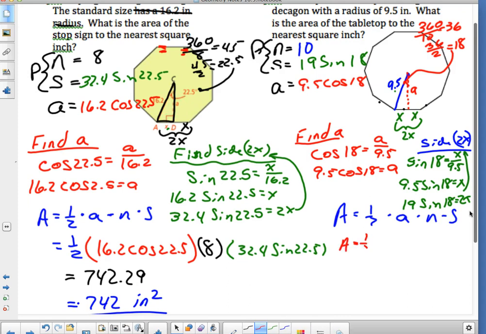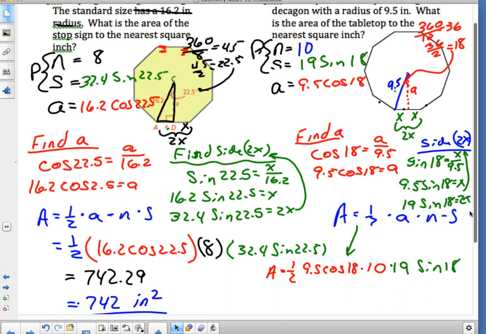Area is 1/2 9.5 cosine of 18 times 10 times my sine, my 19 sine of 18. So those are the things I'm putting in for that area right there. Okay, so I got to pop those things in. I believe it's 265.4, but I'm going to double check.